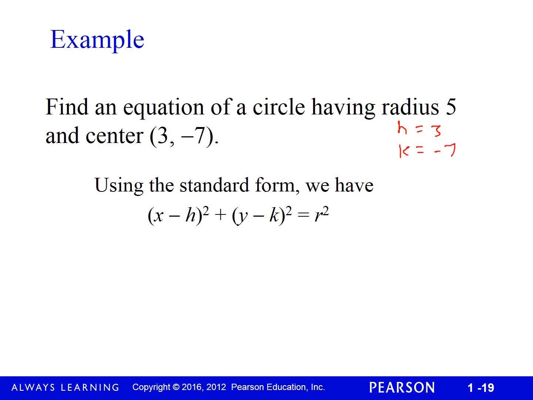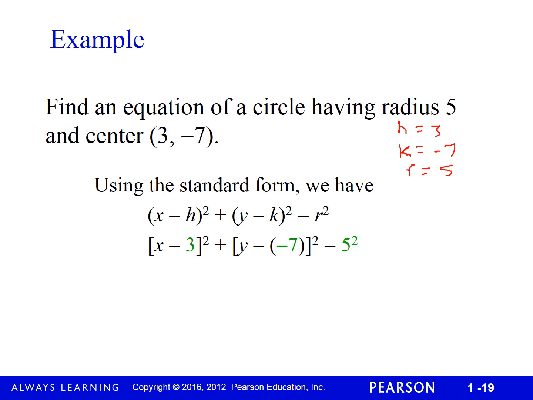I always remember my friend's cat, HK, which stands for Hairy Kitty. But h is the x-coordinate of the center, k is the y-coordinate of the center, and in this case r is 5. And so we're going to make those three substitutions for h, k, and r respectively, and then work out the math of that.